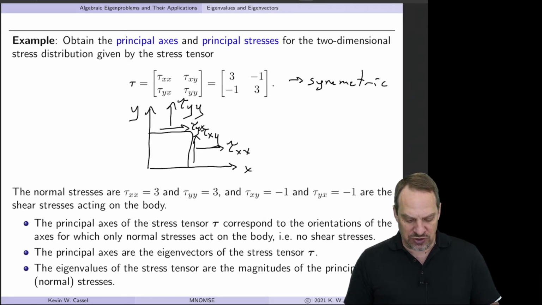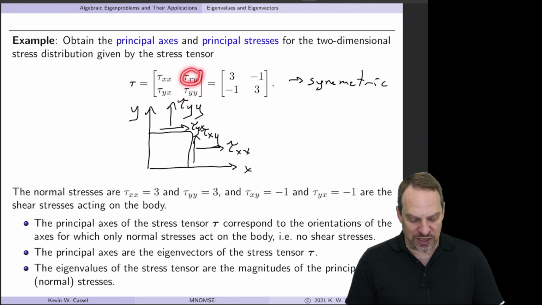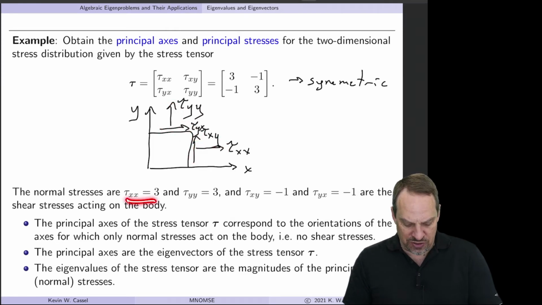All right, so that gives us the tau xx, tau yy, the normal stresses, and the tau xy and tau yx, the shear stresses. Normal, normal, shear, shear. Okay, so we know, again, normal stresses are 3 and 3, shear stresses are -1 and -1.